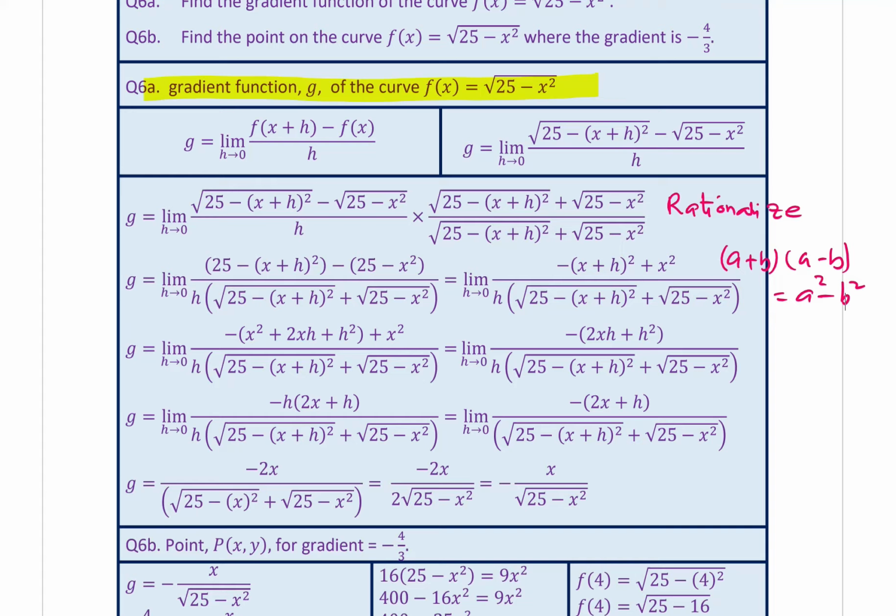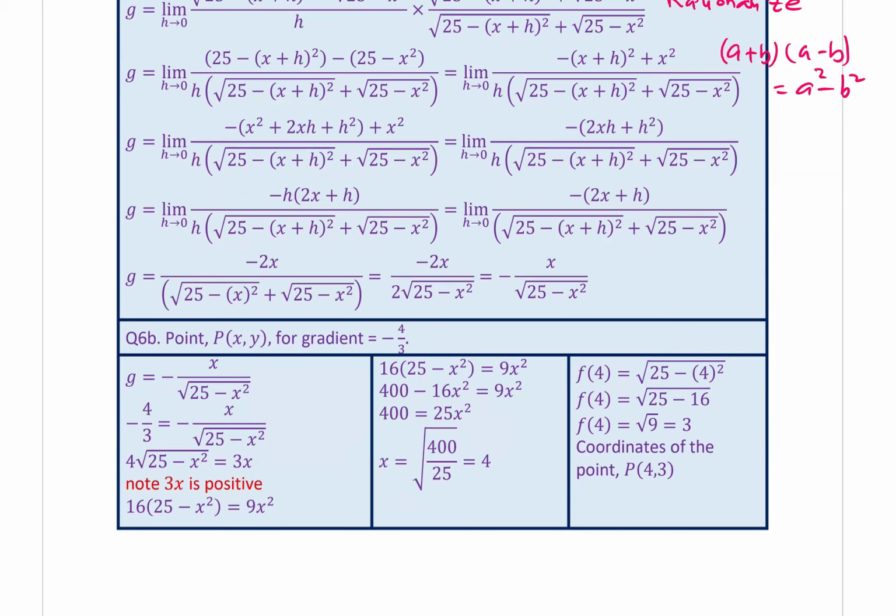Now part B is find the point on the curve where the gradient is minus 4 over 3. So now, once you know the gradient equation, the gradient is known to you. This is your equation. Substitute minus 4 over 3, cross multiply, square both sides. Now remember, here is a very, very critical step which I want to explain to you.